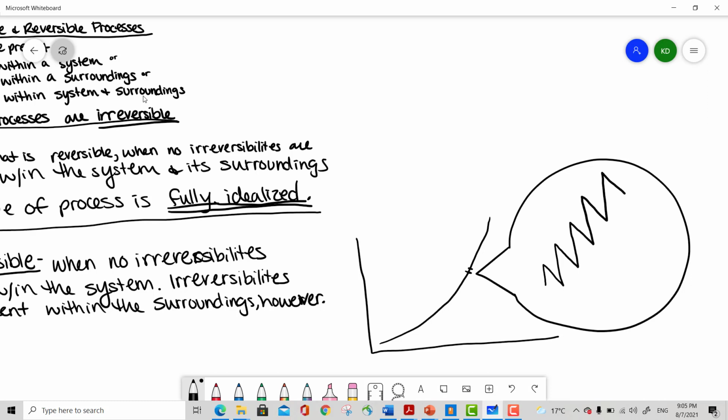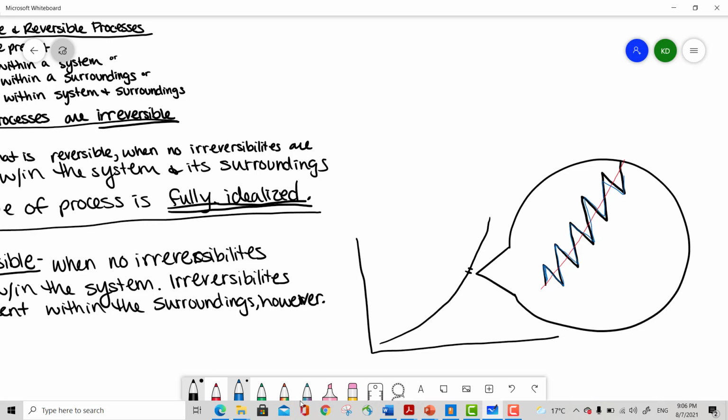In quasi-static, it's always trying to reach a state of equilibrium. It's like trying to make up for itself. So something goes up, and then to counteract that going up, it goes down. And then to counteract going down, it goes up, and so on and so on.